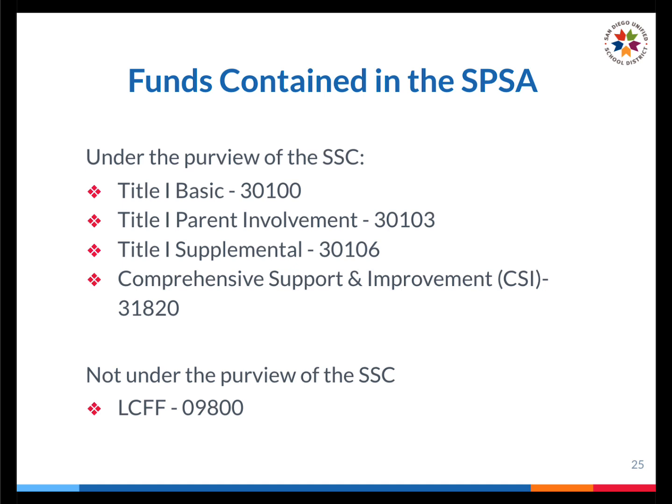Comprehensive Support and Improvement Funds, aka CSI, are given to schools which have been identified by the state, and they are housed in Resource 31820. Items that are not under the purview of the SSC but can be reviewed include LCFF, or Resource 09800.